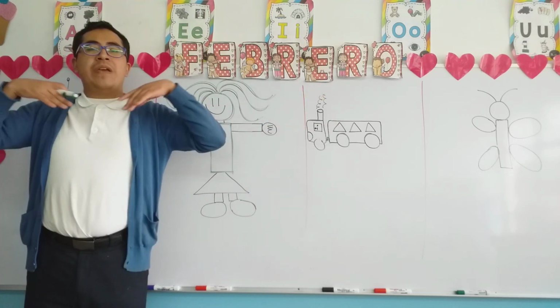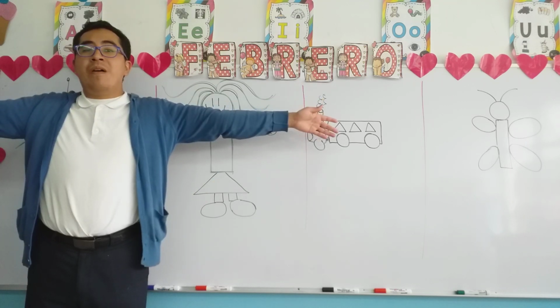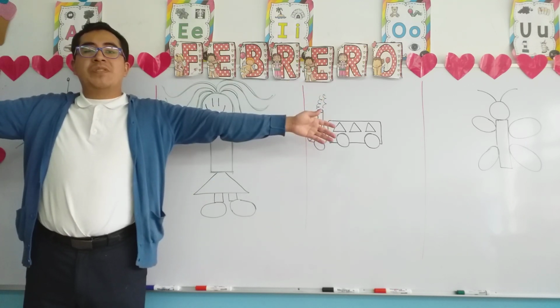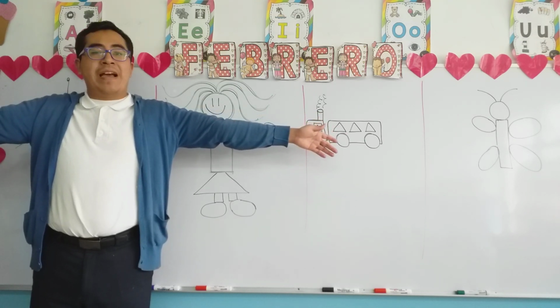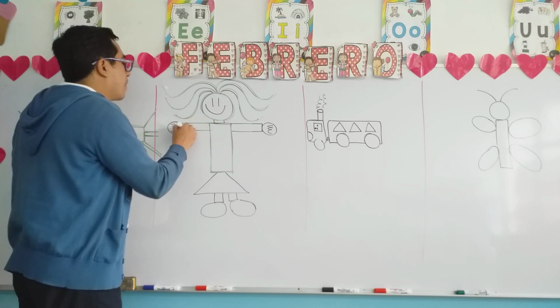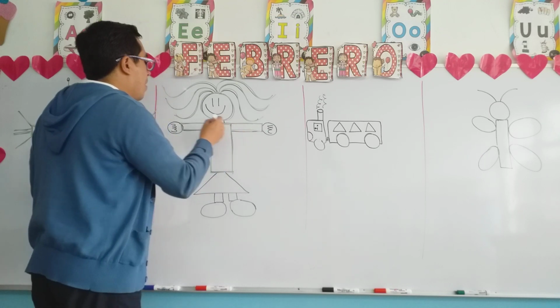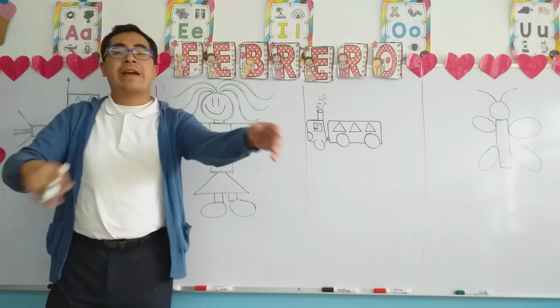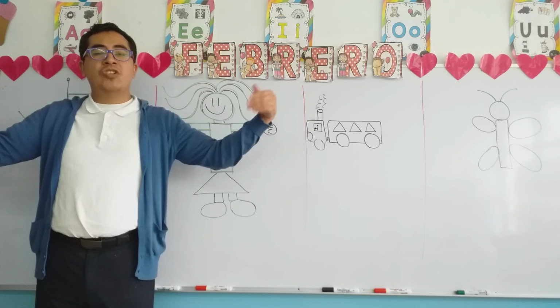Okay, next to the stomach and the chest, we have the arms. Now, for the arms, once again, we need the help of a rectangle. Left arm, right arm.